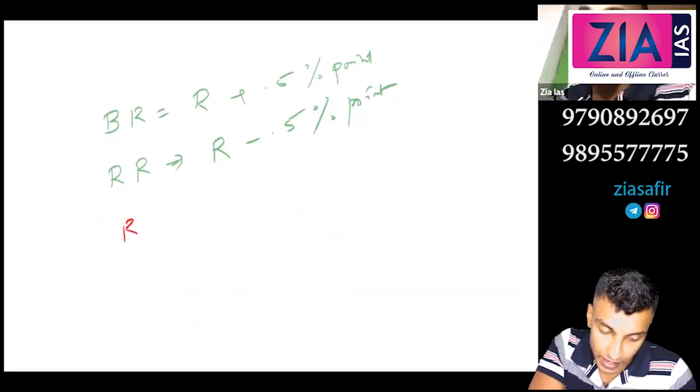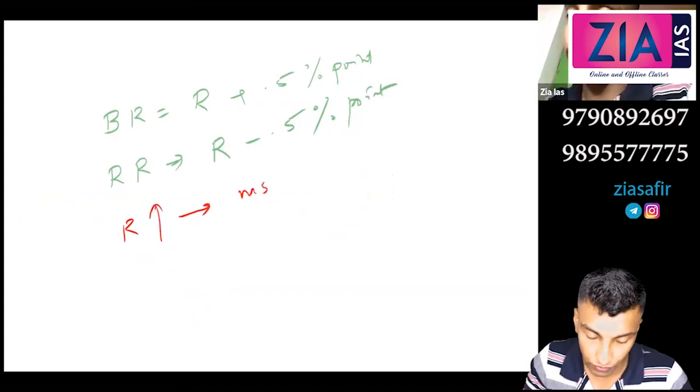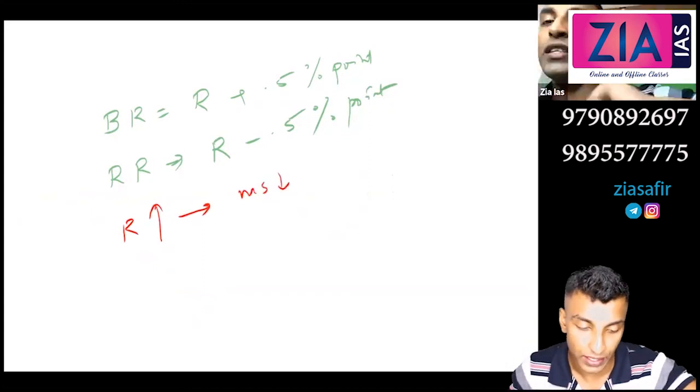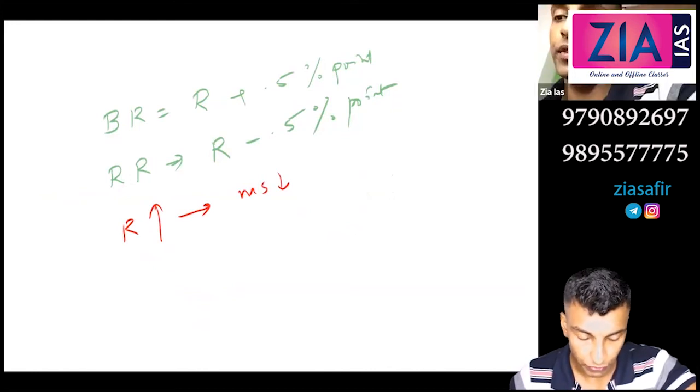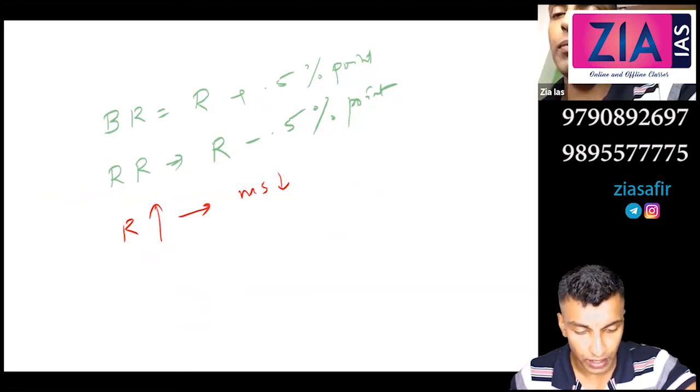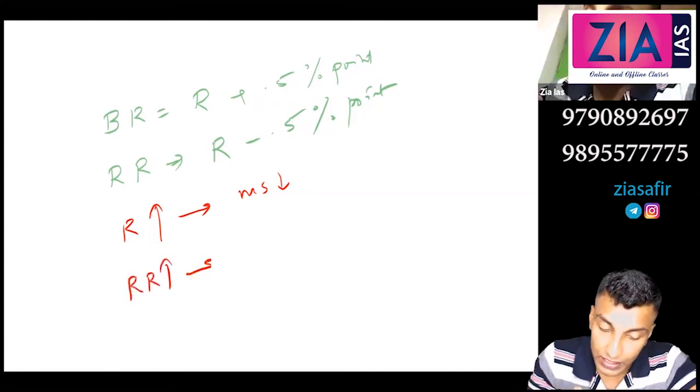For example, when repo increases, money supply will decrease. Why? Banks are not able to borrow because of high interest. Similarly, when reverse repo is increasing, there is a reverse impact.